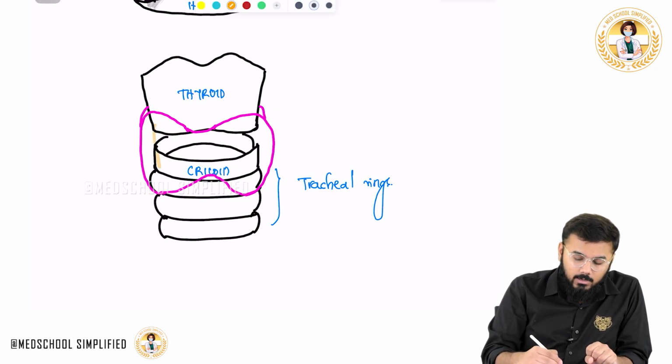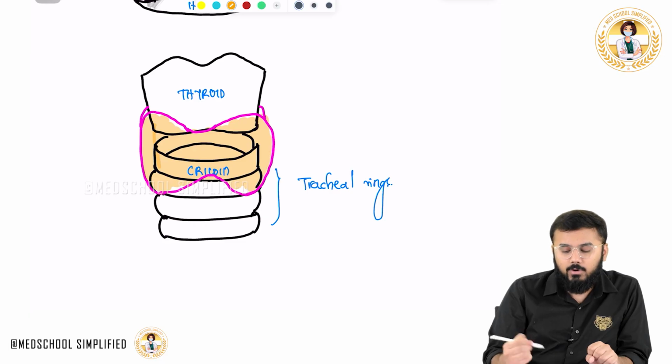This gland, which you can see with a central isthmus, is called your thyroid gland.